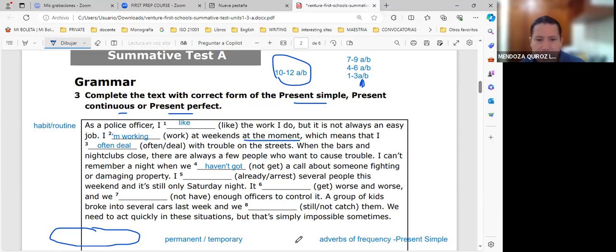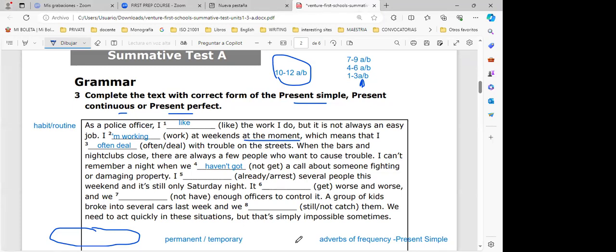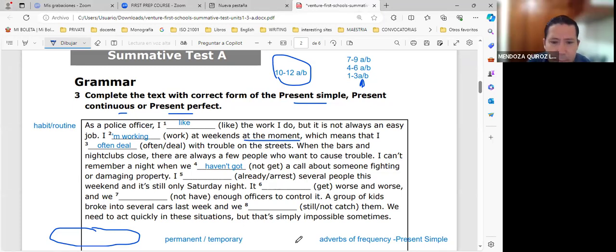Number 5, it says already, and already makes things a lot easier. No? Already, yet, still, no? Since, for, are present perfect expressions, no? So, was that to me? Naomi, yes, Naomi, I said Naomi. Okay.